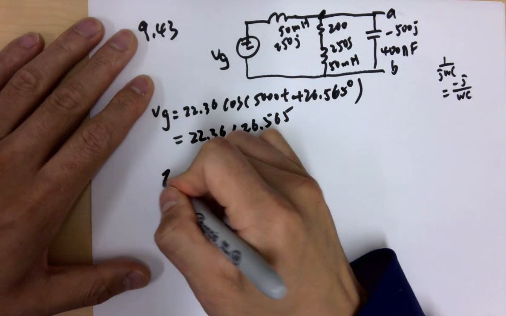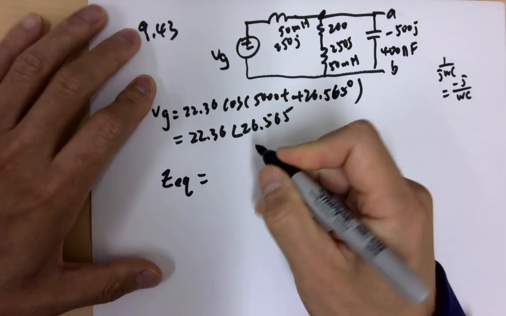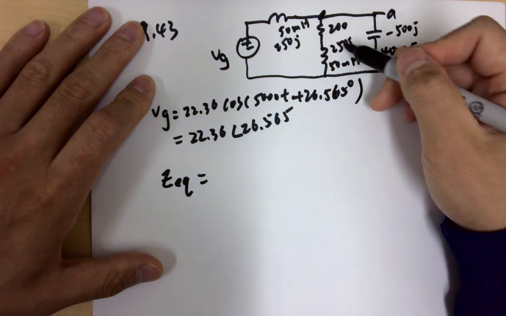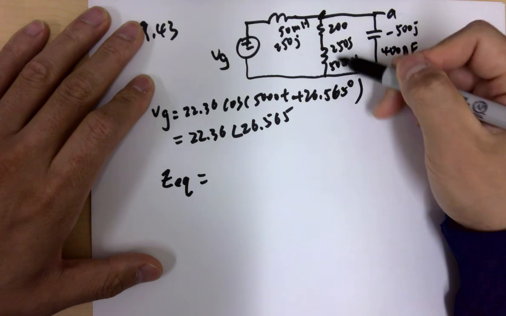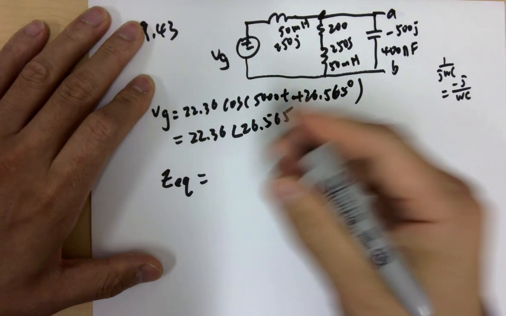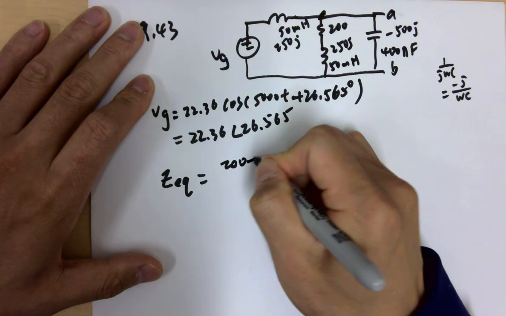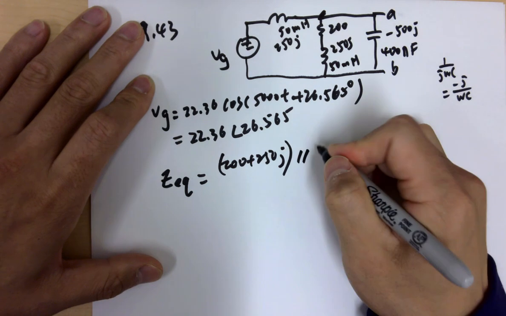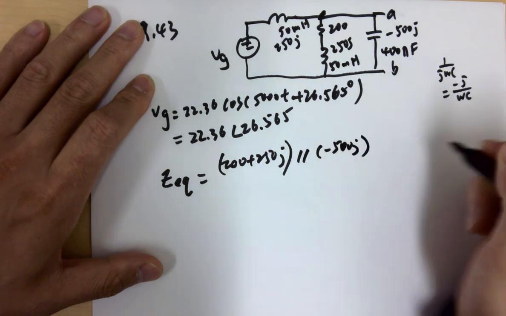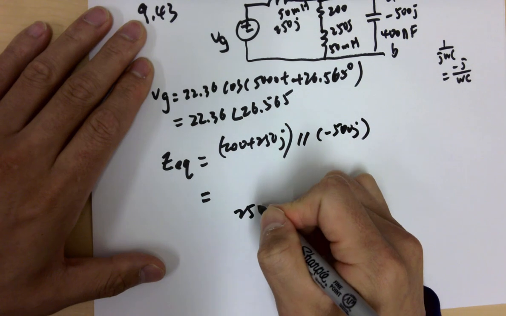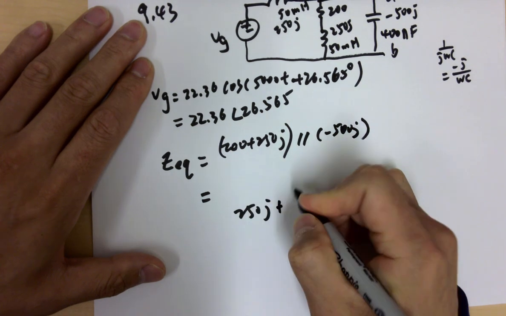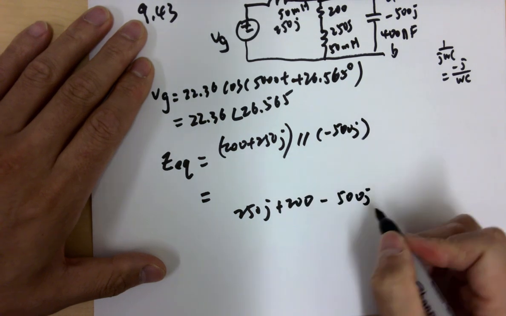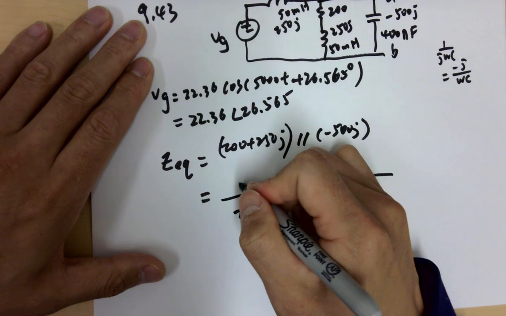So let's do Z equivalent equals 200 plus 250j, which is the impedance over here, in parallel with that guy, it's 200 plus 250j, in parallel with this. And this is 250j plus 200 minus 500j, and then do a multiplication on the top.